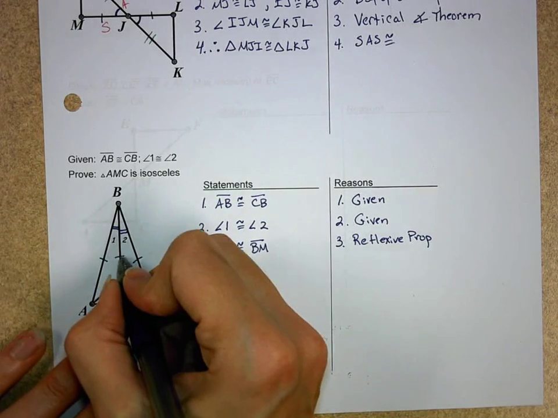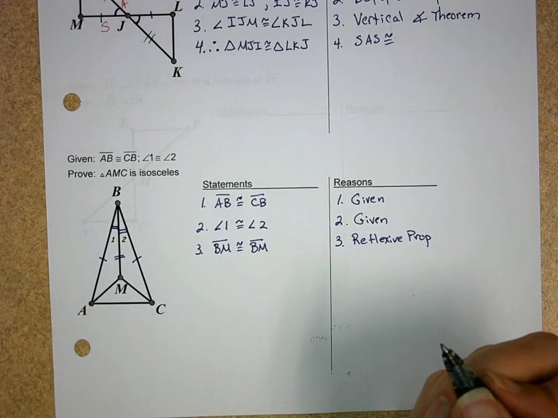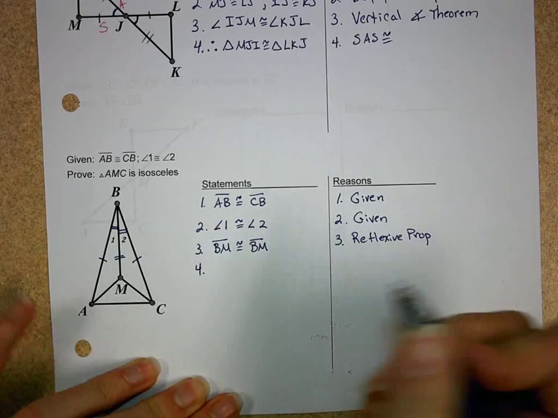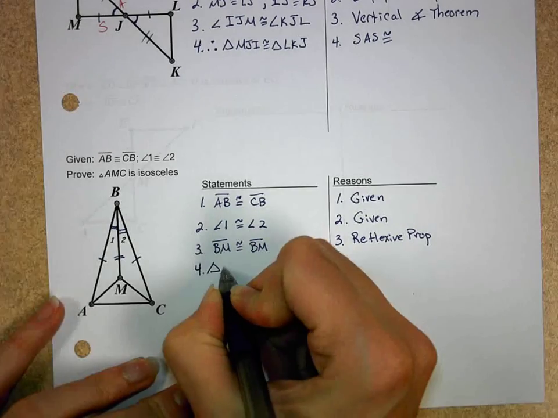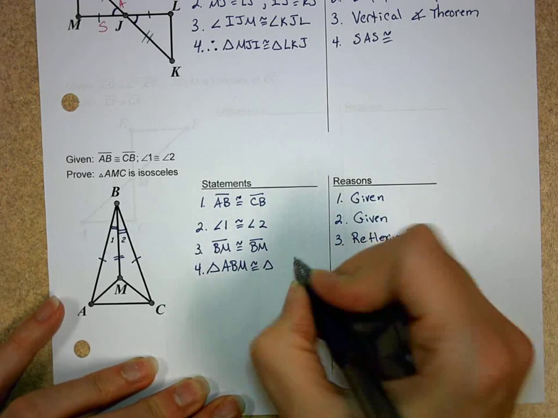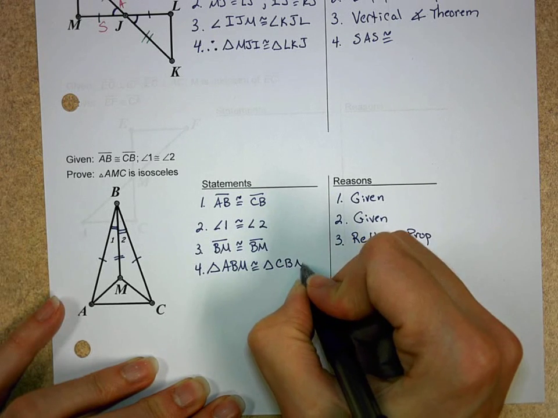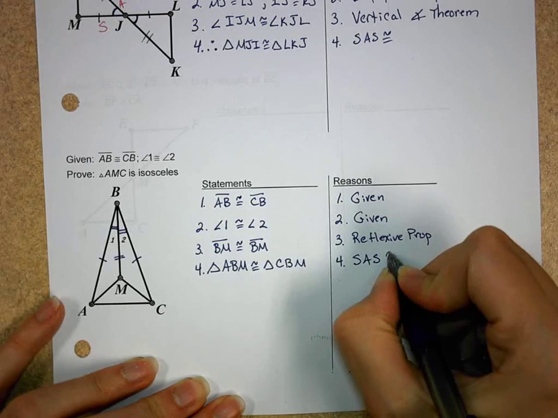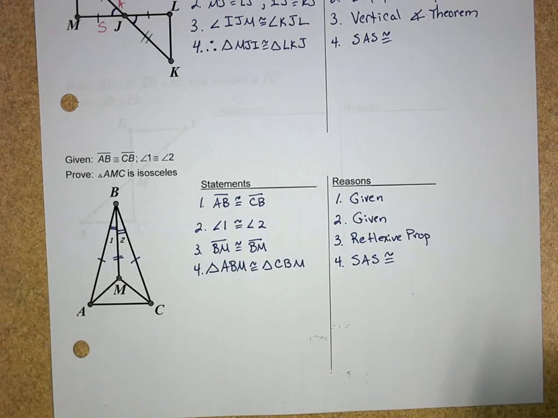Now, what do I know about triangle ABM and triangle CBM? They're congruent. So, okay, I know triangle ABM is congruent to triangle CBM by side, angle, side congruence. So the good thing is I know those two triangles are congruent.